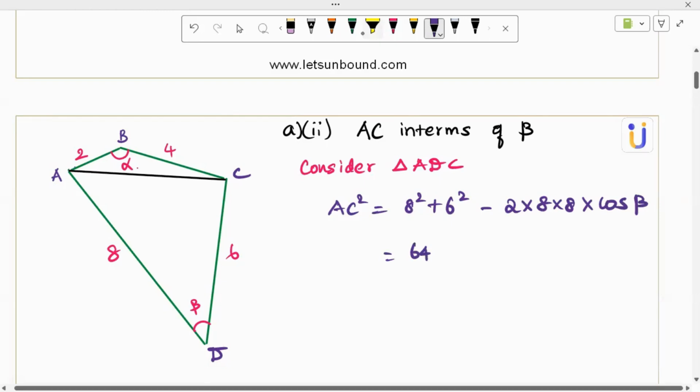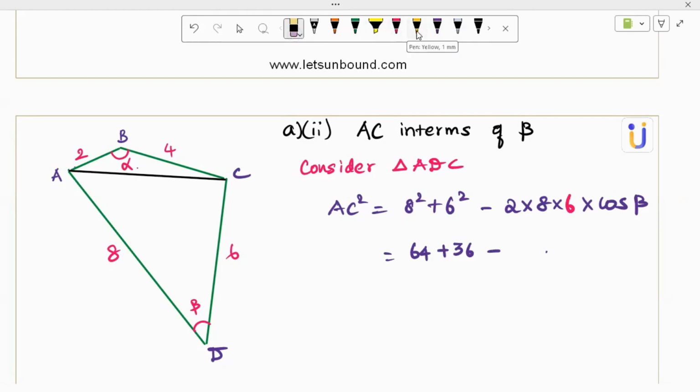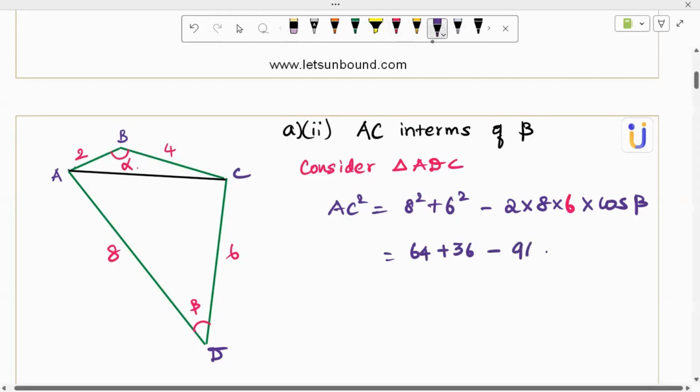8 square is 64, 6 square is 36, minus 120. Wait, here there's a mistake, just change this. This is actually 6, right? 8 times 6 is 48, and when you multiply by 2, you will get 96 cos beta. Let me add them. This is 100 minus 96 cos beta. This is AC square.